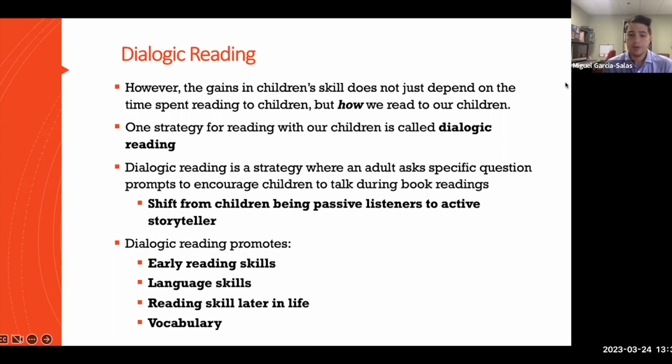It's also been shown that when parents engage in dialogic reading when a child is younger, it relates to reading skill later in life, as well as vocabulary gains. Children are exposed to unique vocabulary when they read compared to just in everyday life, right? We read about different situations and stories and use different language when we're reading than when we're just talking. So exposing children to more books and reading in this way leads to vocabulary gains as well.